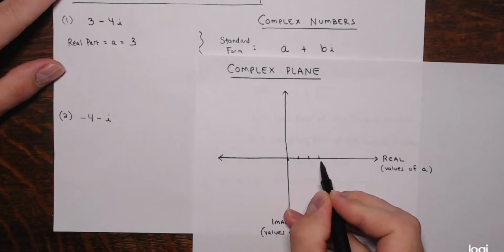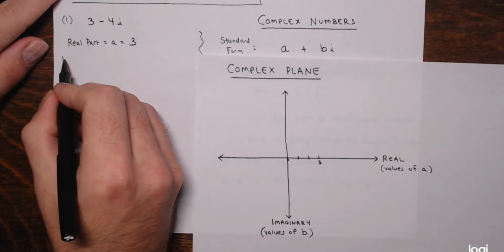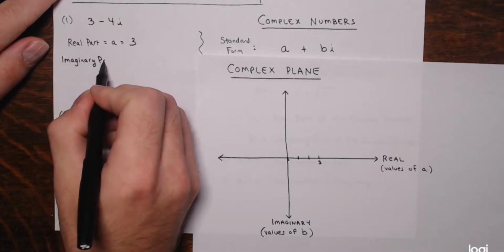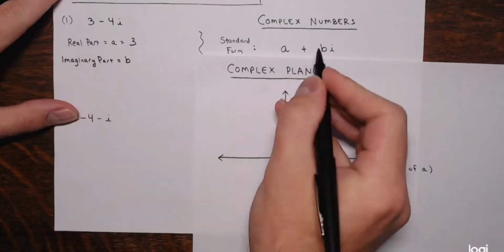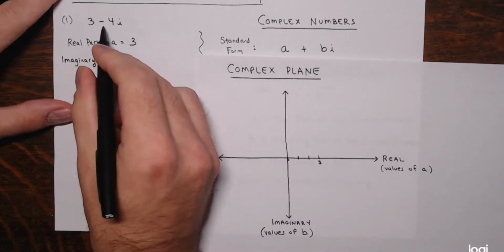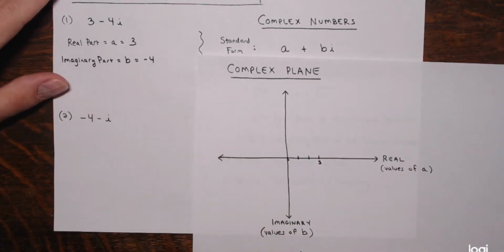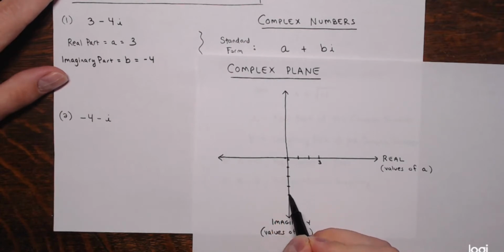So there's positive 3. And then the imaginary part of this number, 3 minus 4i, the value of b is negative 4. So on the vertical imaginary axis, I go to negative 4, so I'm going to get 0 in the middle, and negative 1, 2, 3, 4 down.